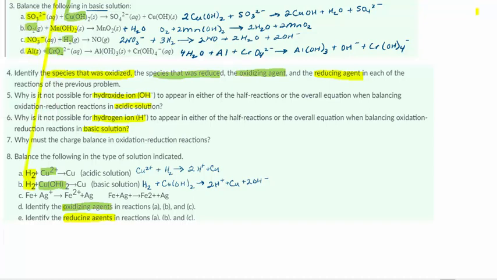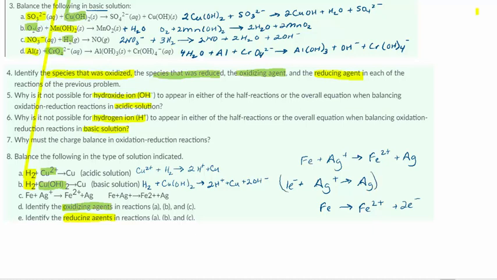Now let's work C. We have iron and silver 1 react to form iron 2 and silver. Do our half reactions. We don't have any oxygen or hydrogen to worry about, so we just need to do our charge balance. Multiply this half reaction by 2.